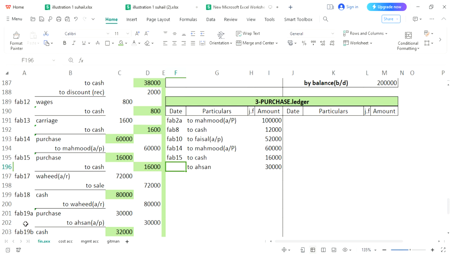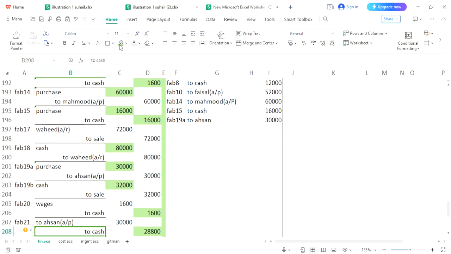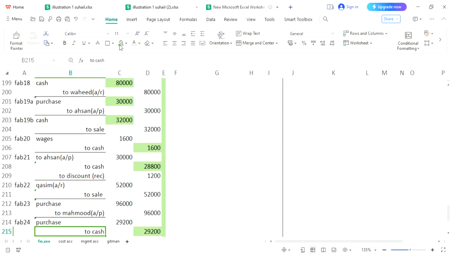See the date, February 19A. So date has been completed, reference is completed, amount has been written, this 30,000 has been posted. It means we can mark it as done and we'll start our search again for purchase, going down and looking for purchase.